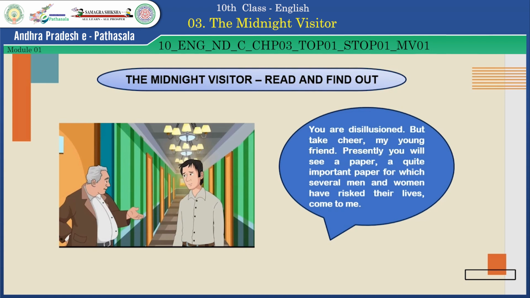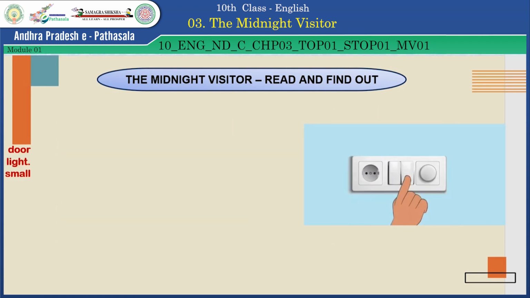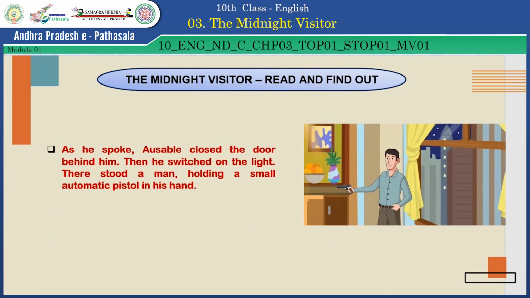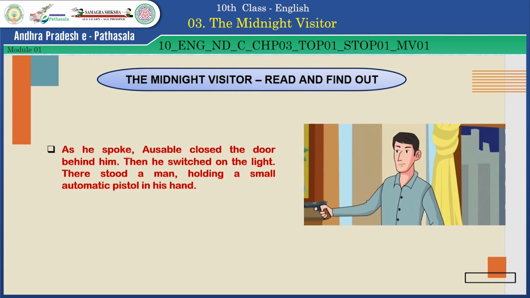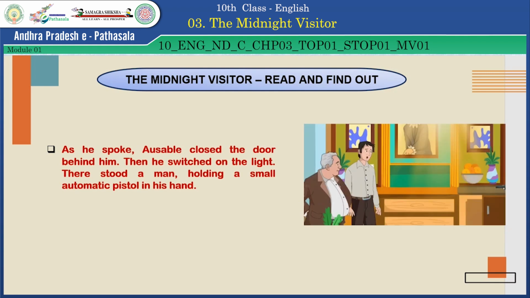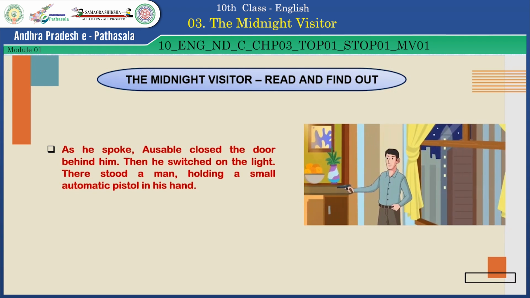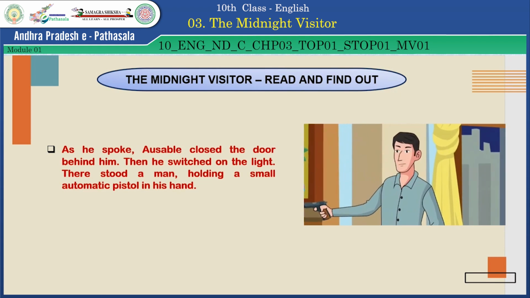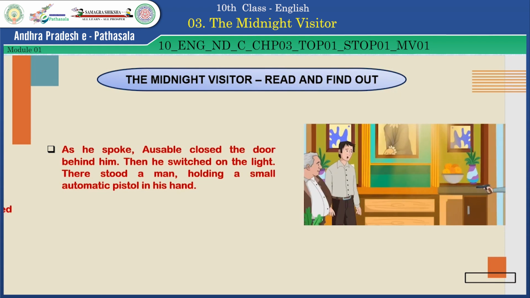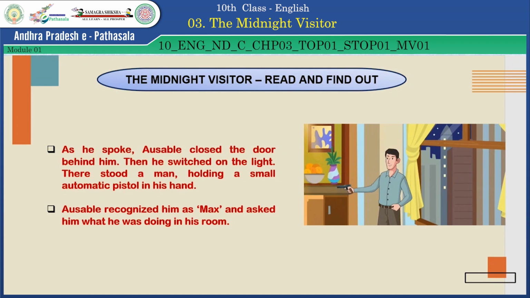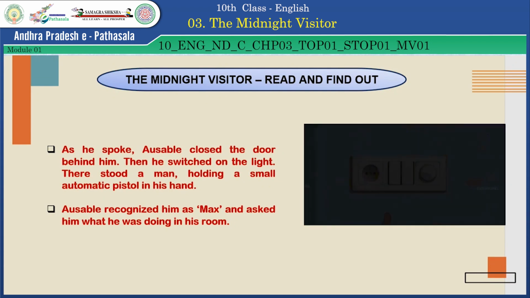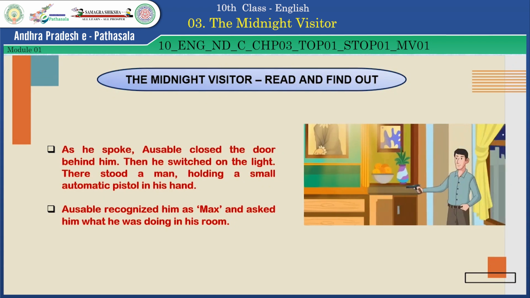Presently you will see a paper, a quite important paper, for which several men and women have risked their lives. Come to me." As he spoke, Asbel closed the door behind him. Then he switched on the light. There stood a man holding a small automatic pistol in his hand. Asbel recognized him as Max and asked him what he was doing in his room.